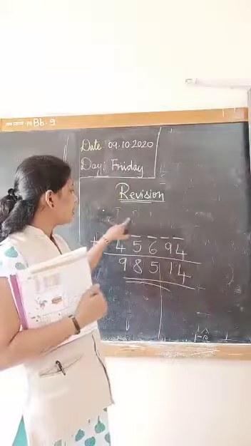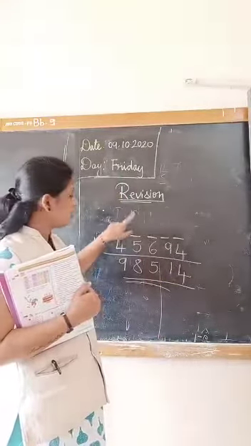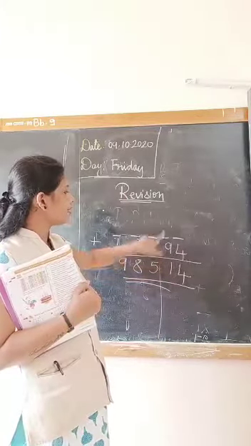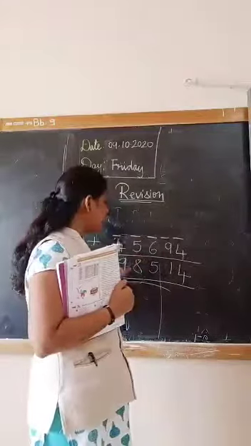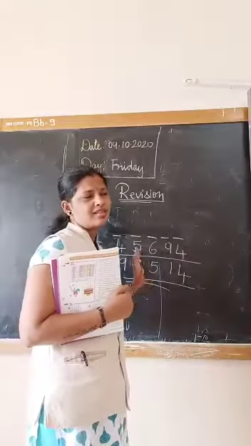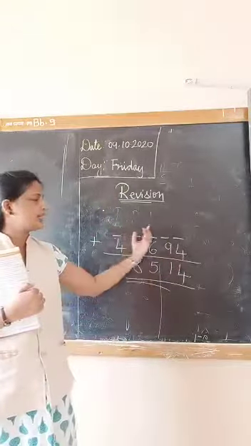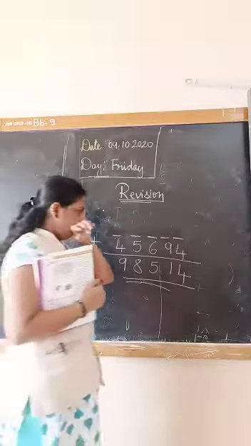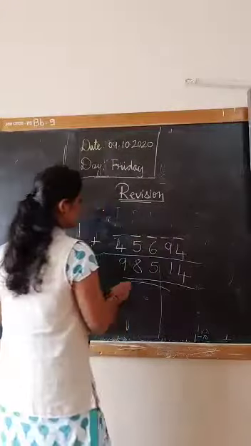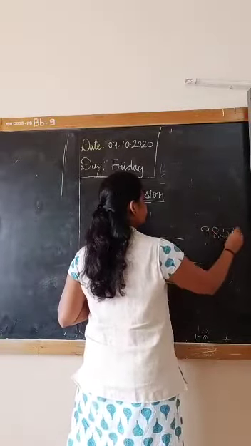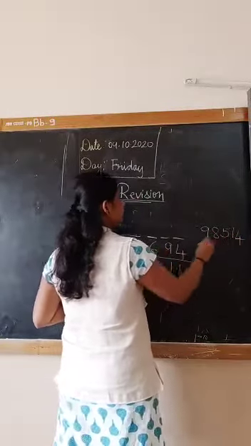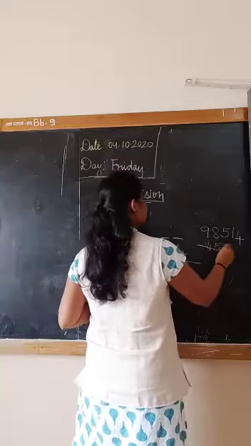Whenever the first addend is missing, then you have to subtract these two and write this number. If you subtract the second addend from the sum, you will get the first addend. For example, 98,514 minus 45,694.